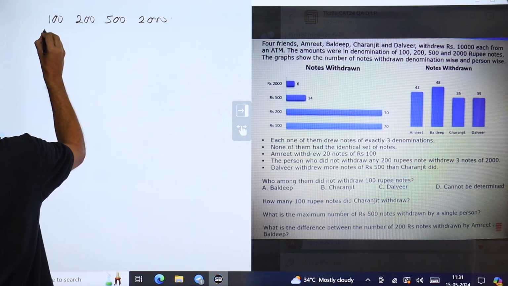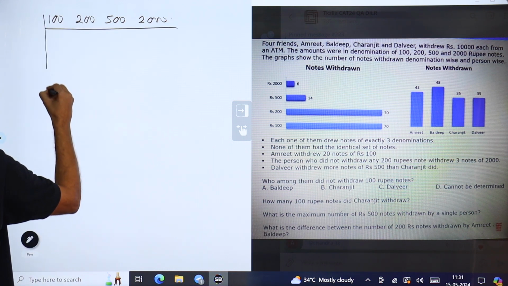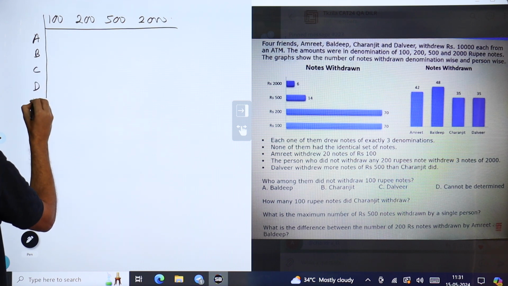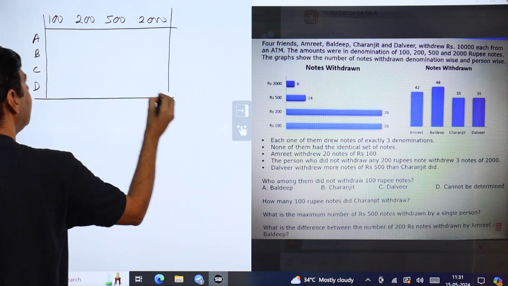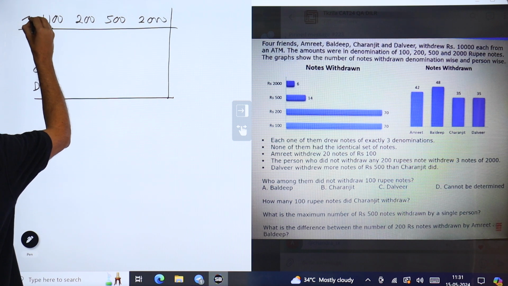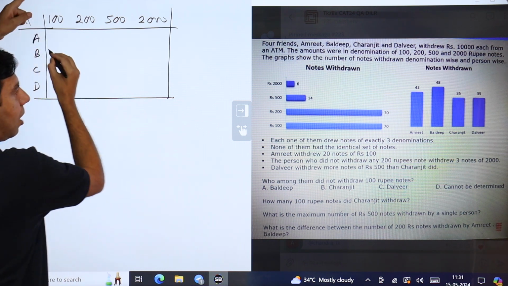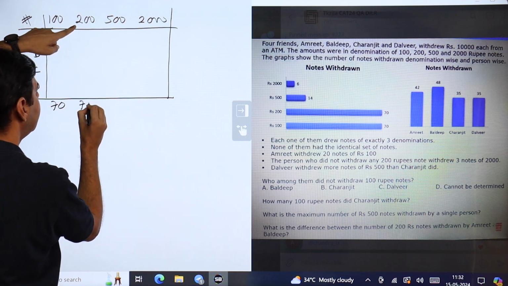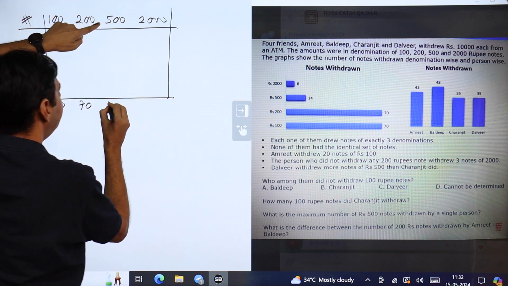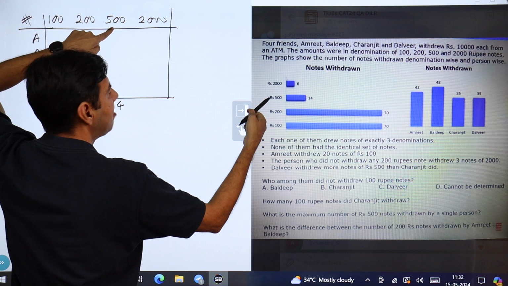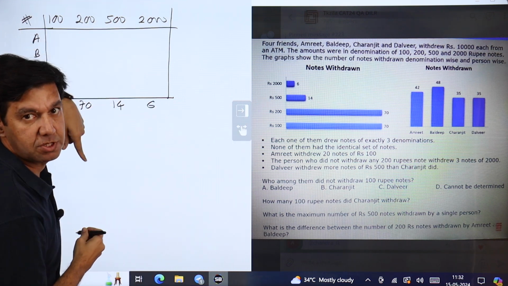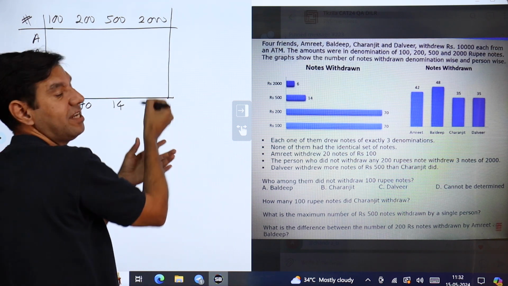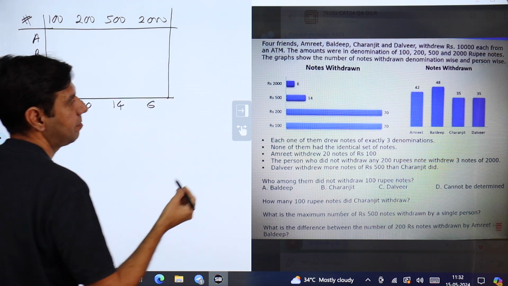The row headings are person wise: A, B, C and D, and in this table I am going to fill in the numbers of notes withdrawn. So 70 notes in total of 100, 70 notes in total of 200, 14 notes of 500, 6 notes of 2000. When you copy, you should realize 70 is large, but 6 is very small. So this is a good attacking place.